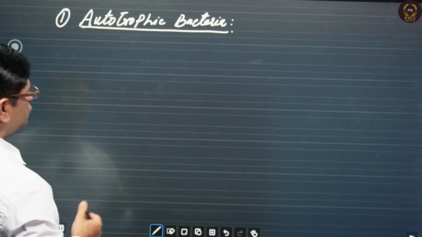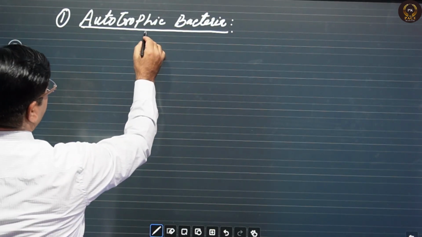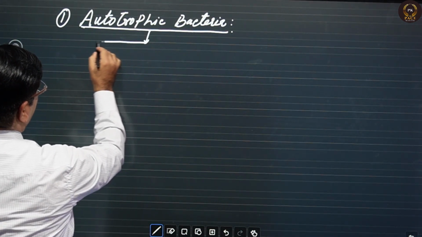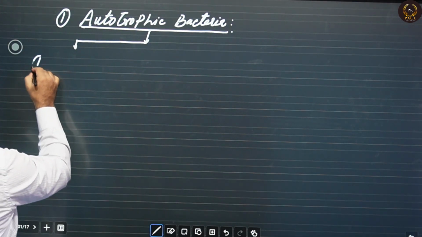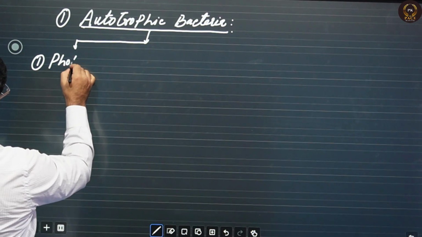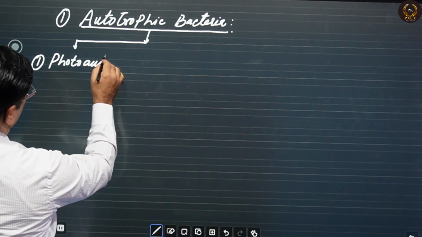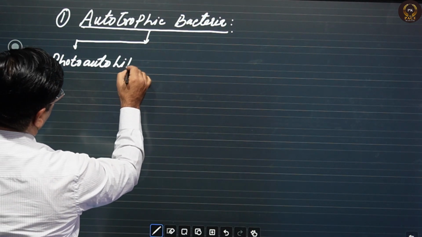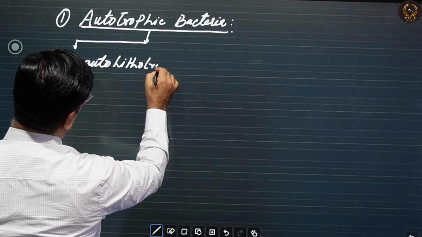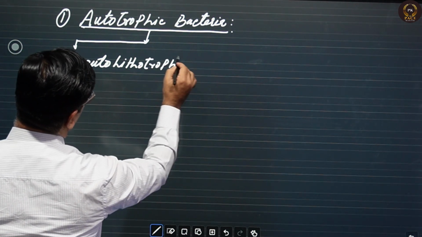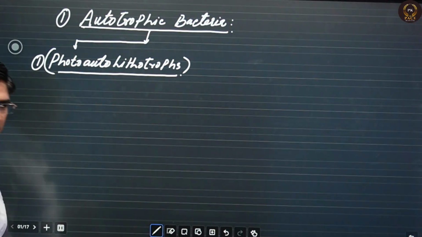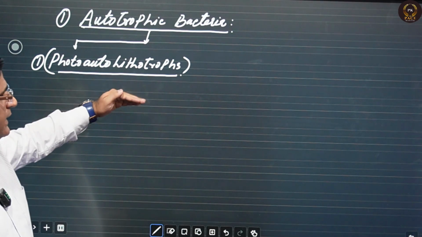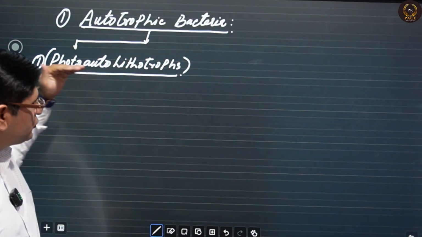Now these autotrophic bacteria have been further subdivided into different groups. Autotrophic bacteria have been divided into two categories.